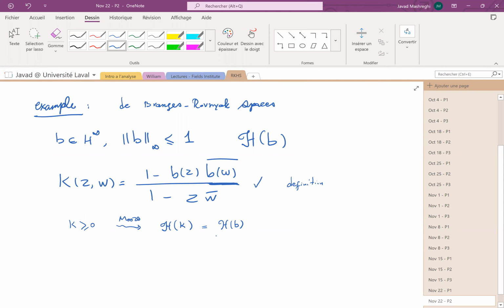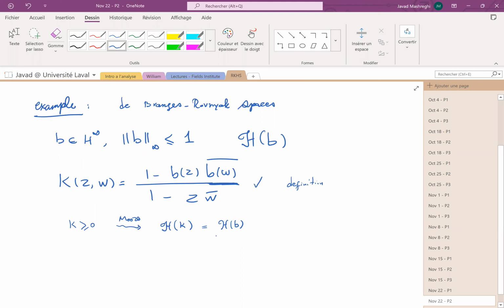Another way, which we adopted in our book, and Sarason has a very nice book on sub-Hardy Hilbert spaces, and indeed this is his way. He invented this approach.